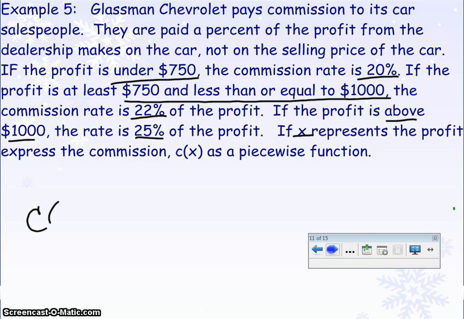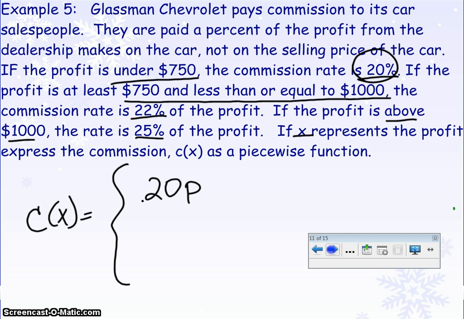So we did a little bit of these in past units. We've got our C of X, and here we're going to have three different lines. The first one, if we remember, was the 20%, so it's 0.20 times the profit, and it's when the profit, or X, is less than $750.